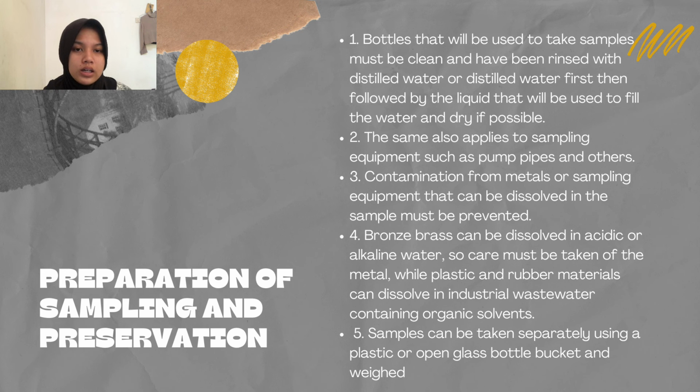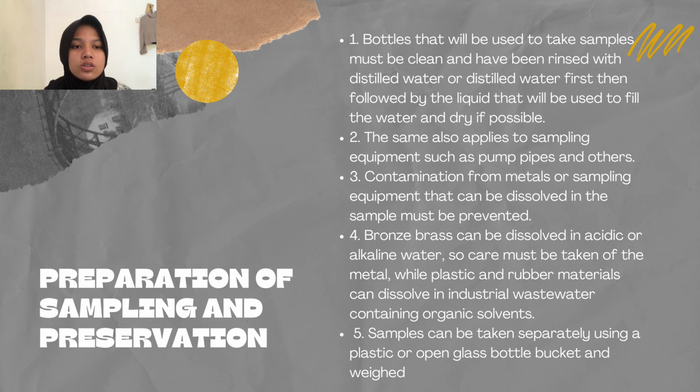Number 4, metal can be dissolved in acidic or alkaline water, so care must be taken with the metal. While plastic and rubber material can dissolve in industrial wastewater containing organic sulfur or oil and gasoline.